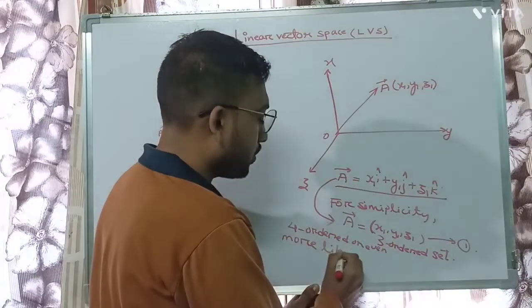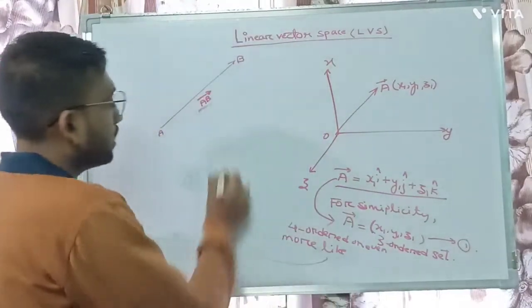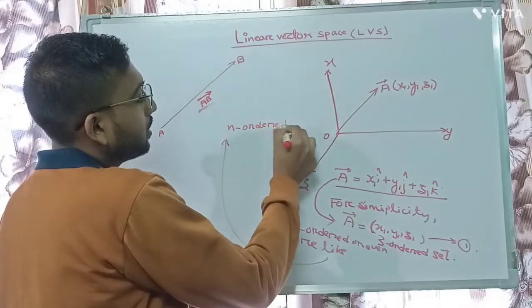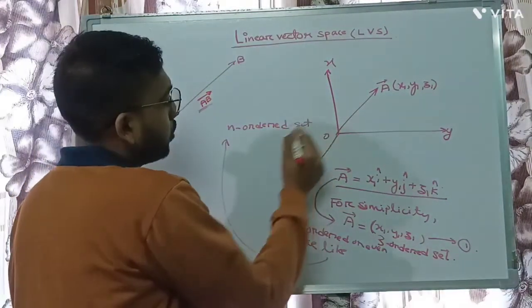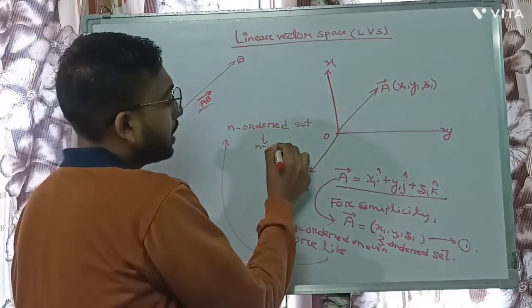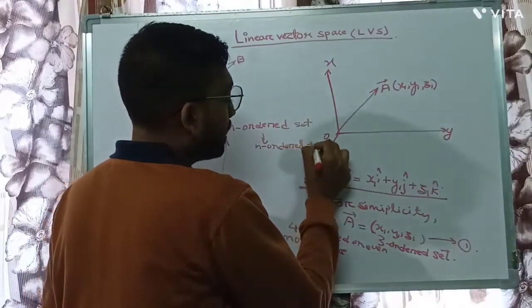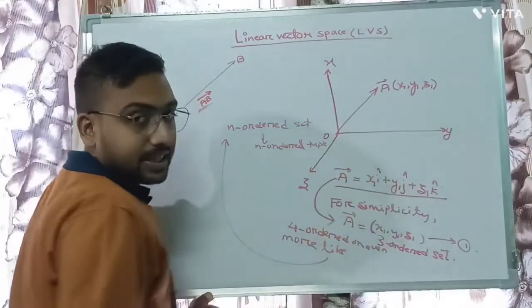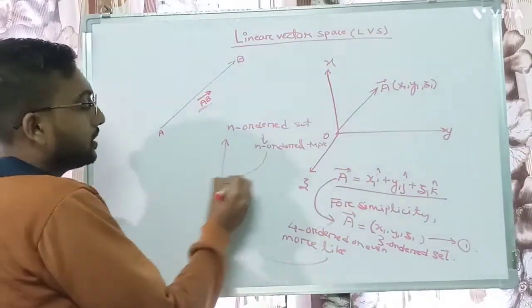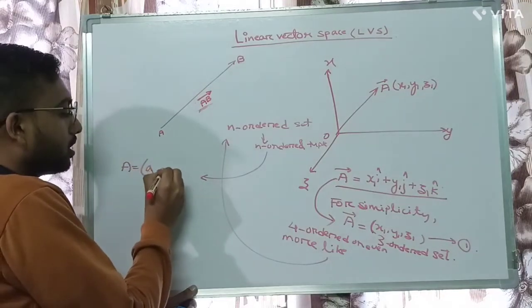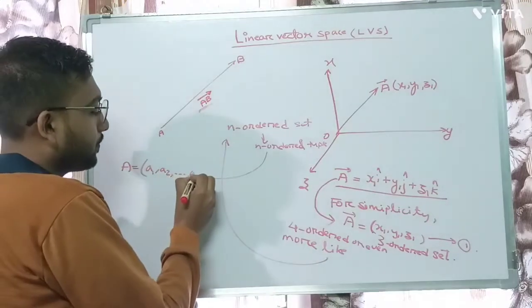Like we can think of an n ordered set, which is known as an n ordered tuple, and can be represented as A equals a1, a2, dot dot dot, an.